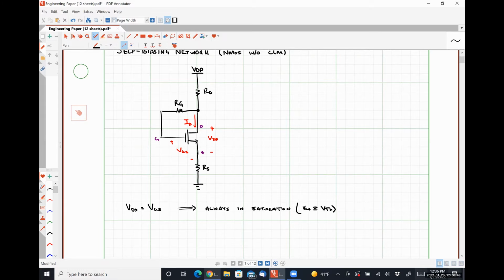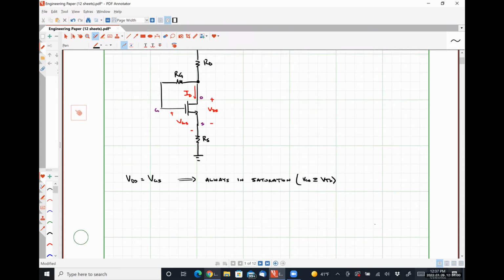Absolutely possible to turn this thing off, but if it's on, it's operating in saturation mode. So since we have saturation mode operation, we know that our drain current ID will be 1/2 KN times VGS minus VTH quantity squared.